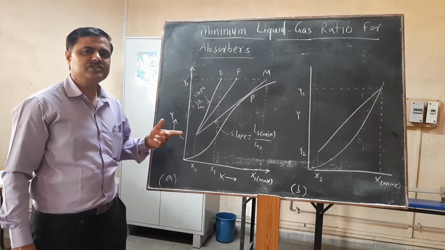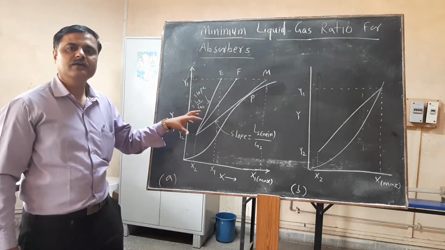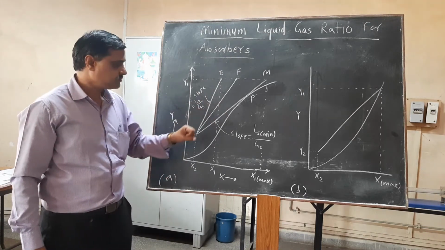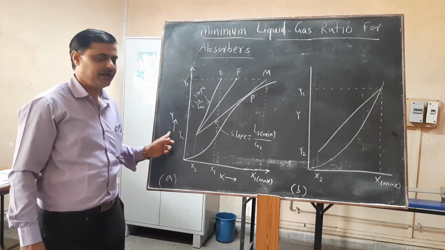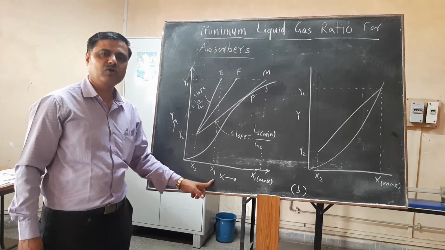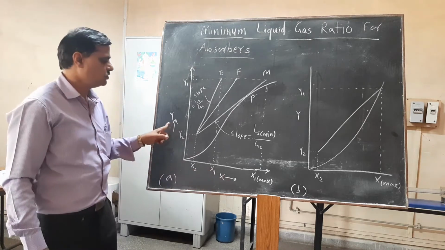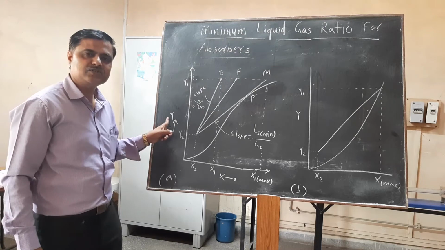Now we calculate the value of the minimum liquid to gas ratio from this graph. The graph is plotted as capital X versus capital Y, that is moles of solute per mole of non-diffusing component in the liquid phase, and moles of solute per mole of non-diffusing component in the gas phase.